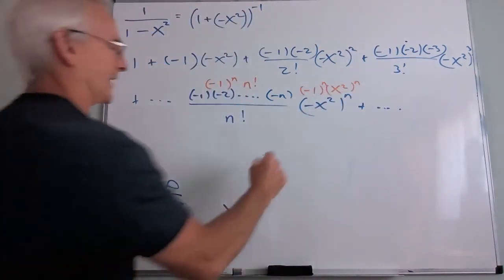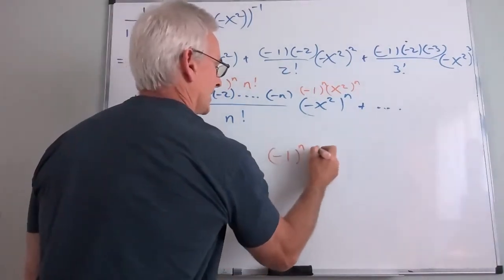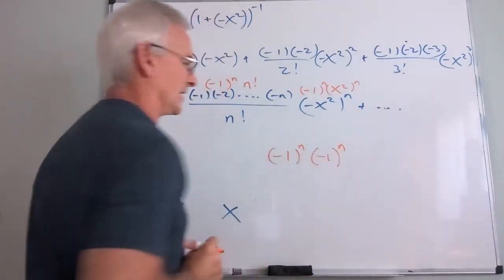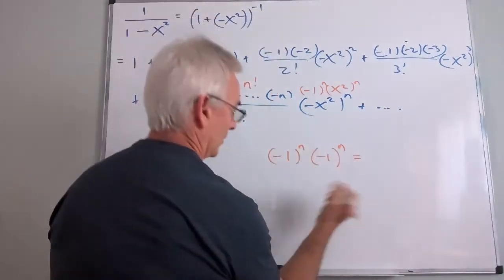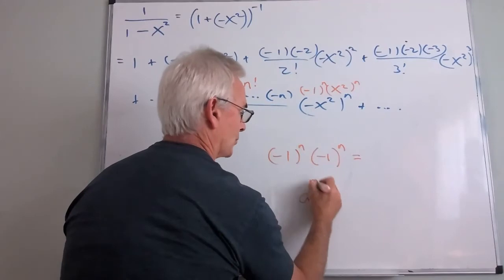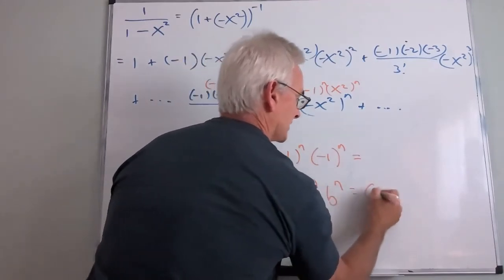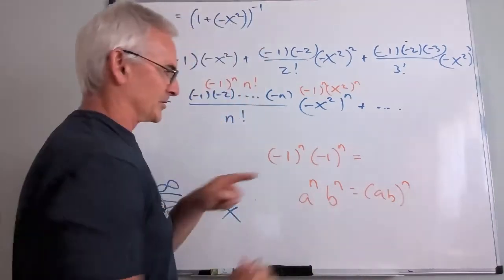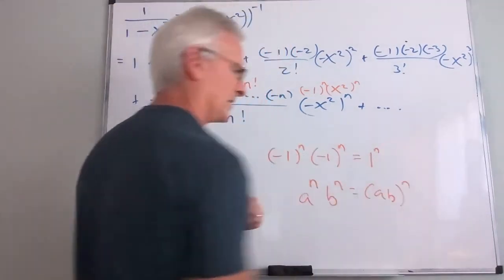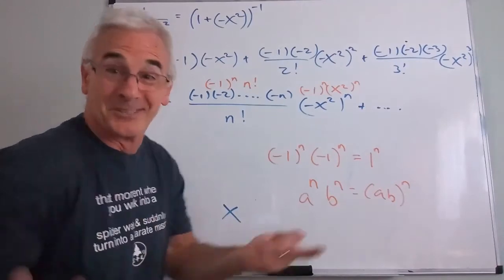Oh, how interesting. If I take negative 1 to the n and I multiply by negative 1 to the n, I'll make it easier on you in case you forgot the rules. A to the n, b to the n, isn't that ab to the n? Isn't that always true? So wouldn't this just be 1 to the n, which is just 1?